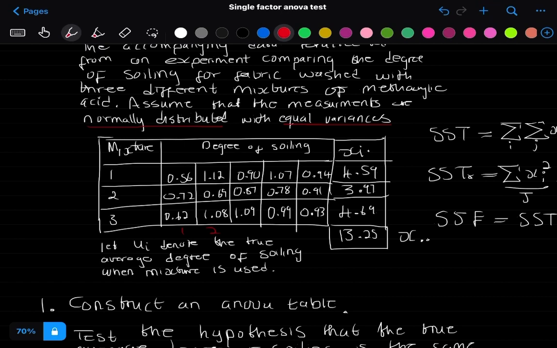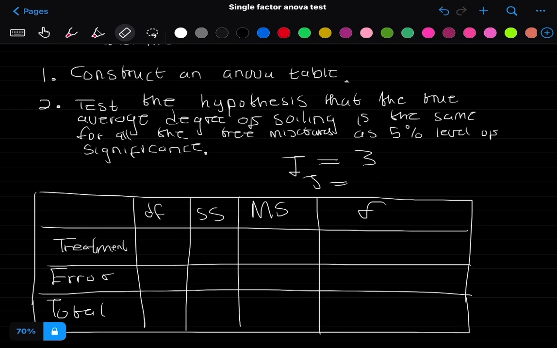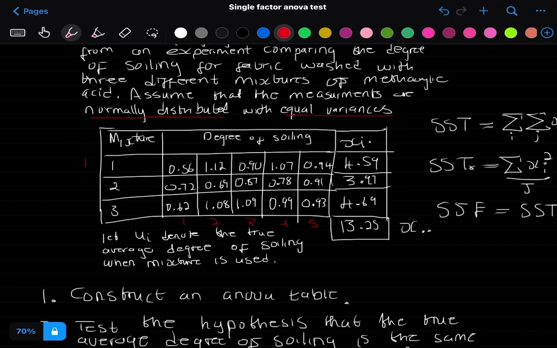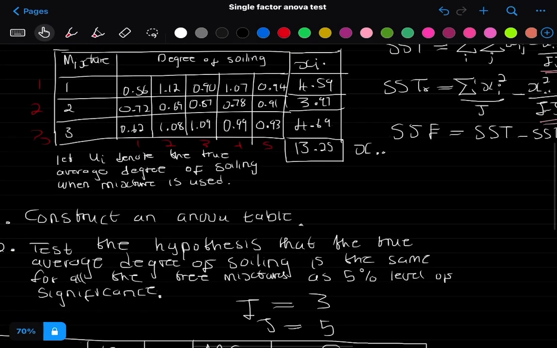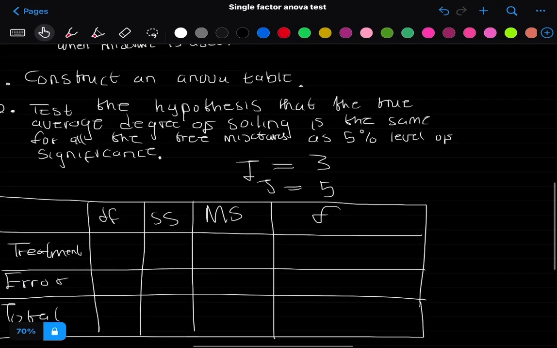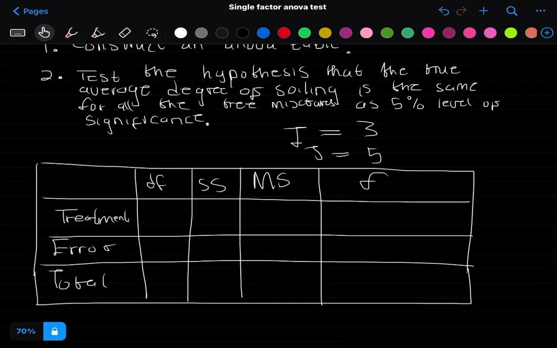You've got 1, 2, 3, 4, 5. Oh, sorry, it's 5 columns. And then we've got 3 rows. These are your treatments. And 1, 2, 3, 4, 5 are your columns. So your I is the number of treatments or samples, and your J is the number of columns.